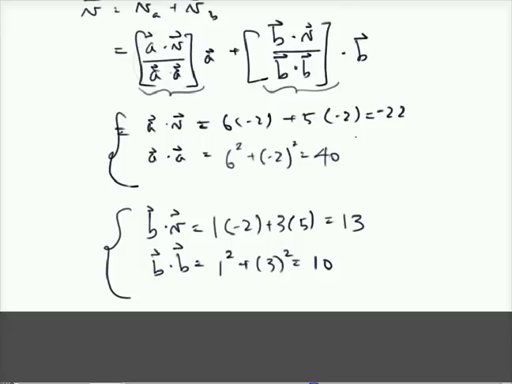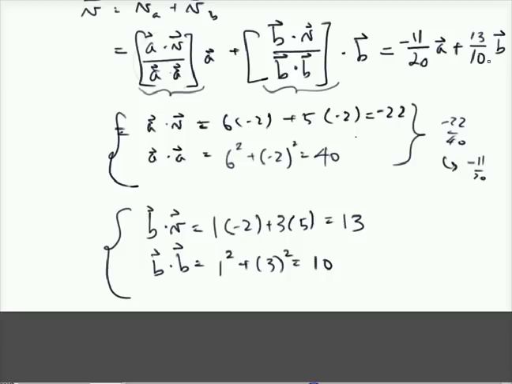Having said that, we need to simplify this. Negative 22 over 40 gives us negative 11 over 20. So the scalar multiplication is negative 11 over 20 times vector a plus, and this portion will be 13 over 10 times vector b.